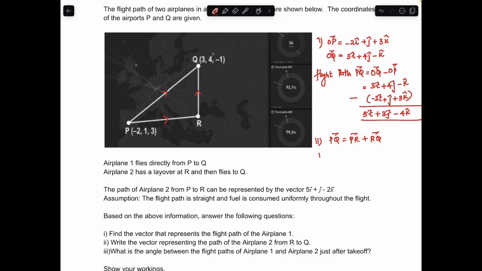So from here, RQ is equal to PQ minus PR.